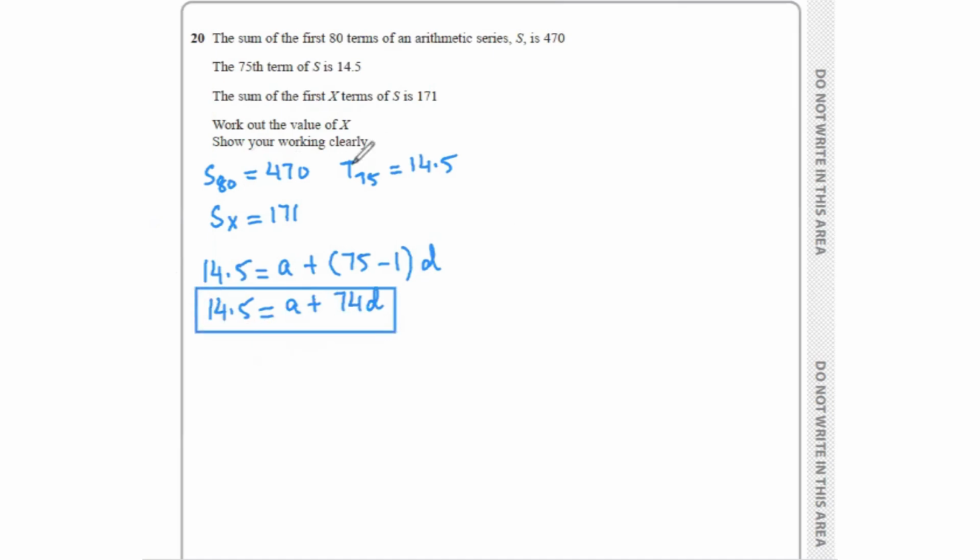Then it told us that the sum of the first 80 terms is 470. So 470 equals 80 over 2. I'm using the sum formula to create an equation in terms of A and D again.